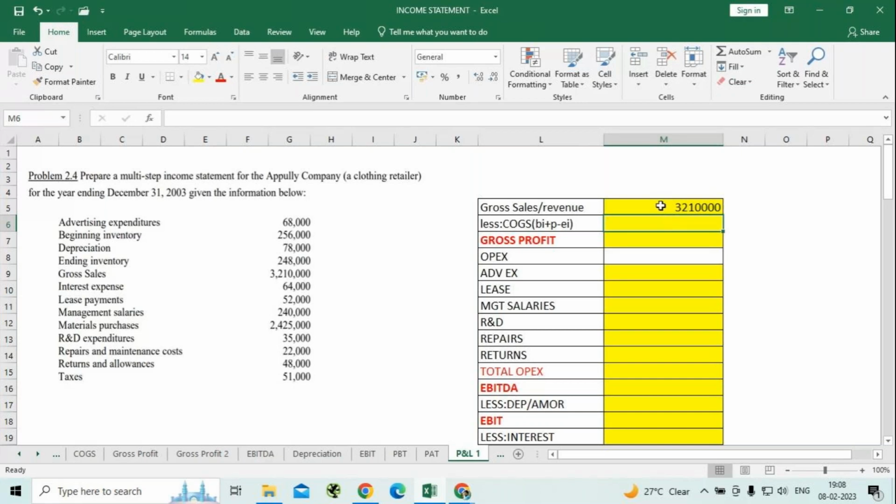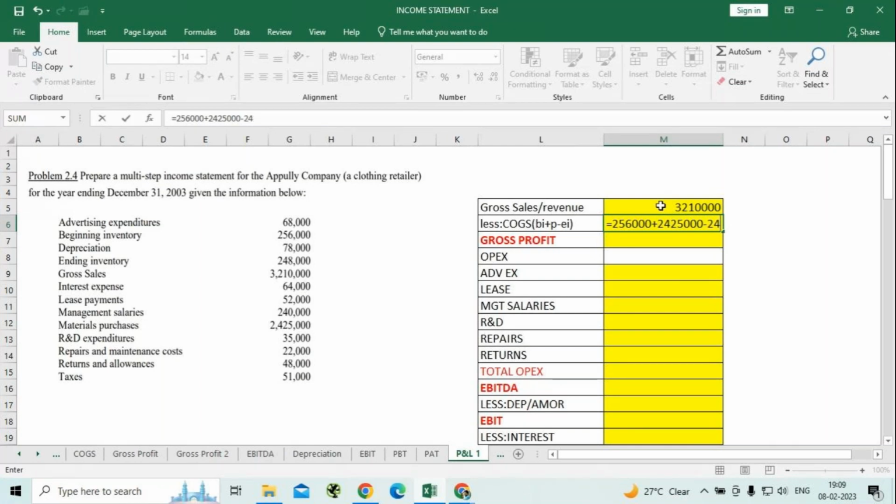Beginning inventory is 2 lakh 56,000. Very good. Plus purchases is 24 lakhs 25,000. Then minus ending inventory is 2 lakh 48,000.